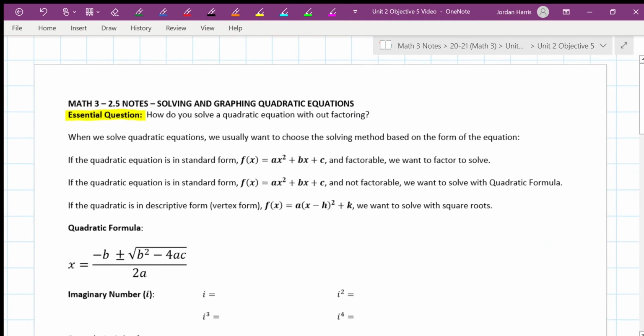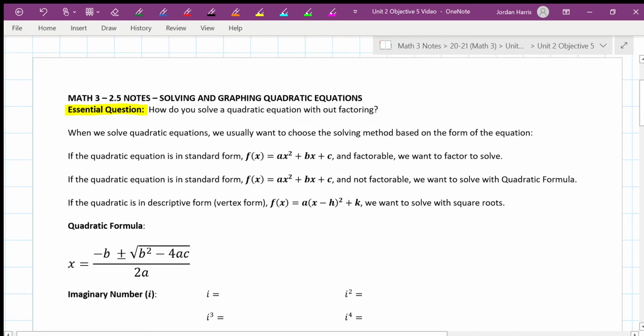When we solve quadratic equations, we will usually want to choose the solving method based on the form. The form of the equation is where we pick which one. The first one is if the form looks like this, which is what we did in the last lesson.